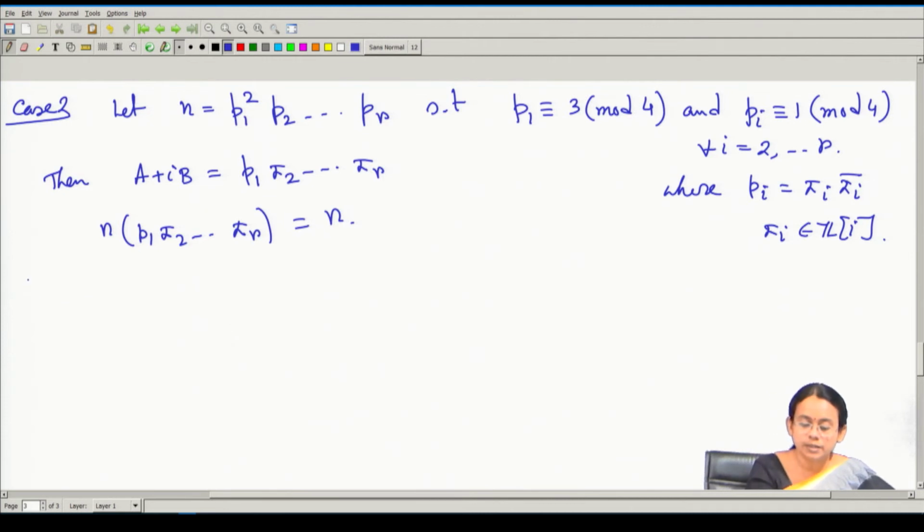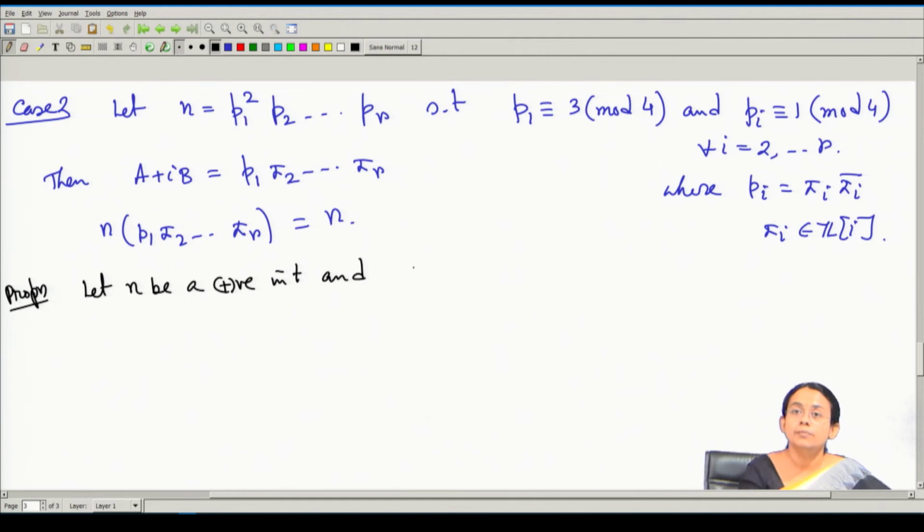Let me summarize and write down the main result now. Let n be a positive integer and I am writing down the factorization of n.